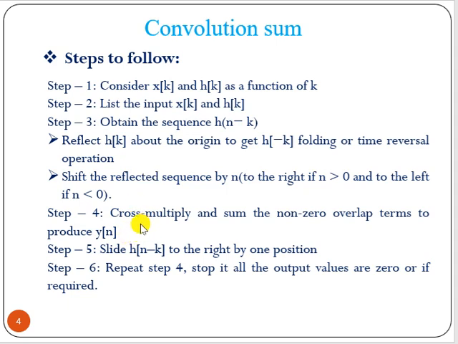Now we have to cross multiply and sum the non-zero overlap terms to produce y of n. We will discuss that with an example also. Now we slide h of n minus k to the right by one position, and repeat the multiplication and summation to get the output values.